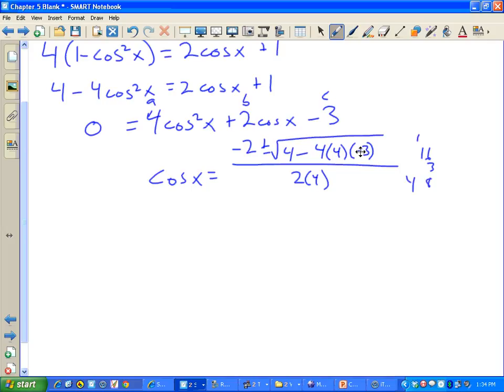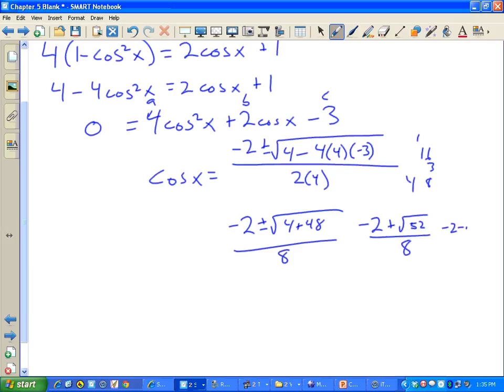And since it's negative, negative, that's going to become positive. So we have negative 2 plus or minus the square root of 4 plus 48, over 8. 4 plus 48 is 52. So negative 2 plus the square root of 52 over 8, and negative 2 minus the square root of 52 over 8.